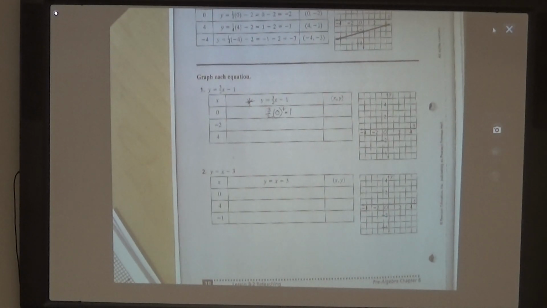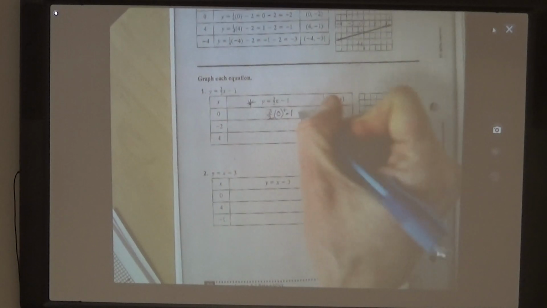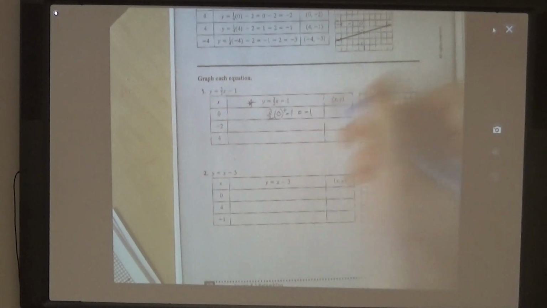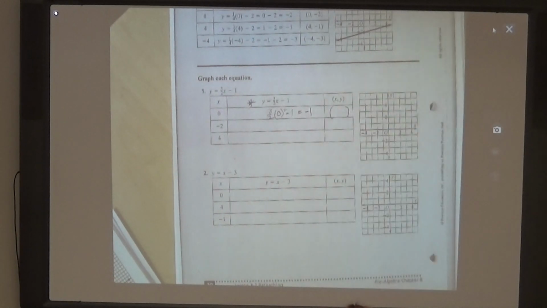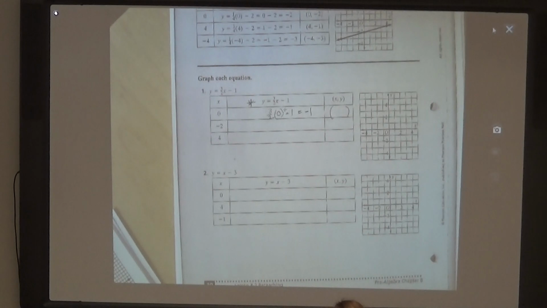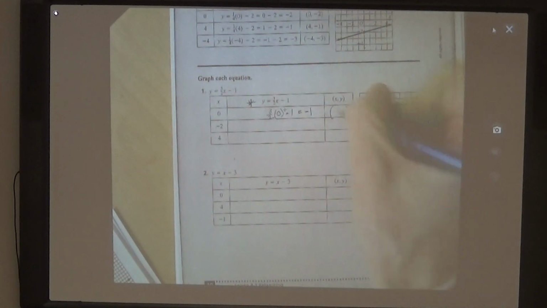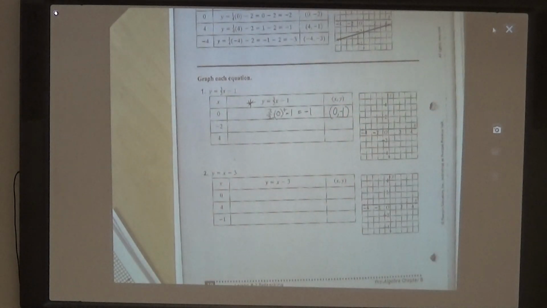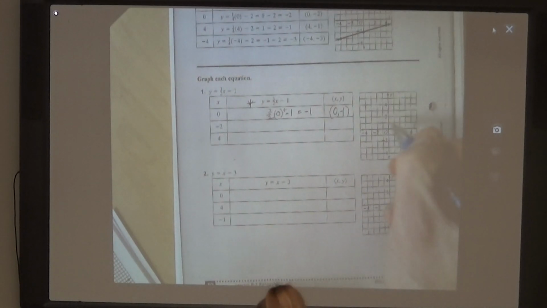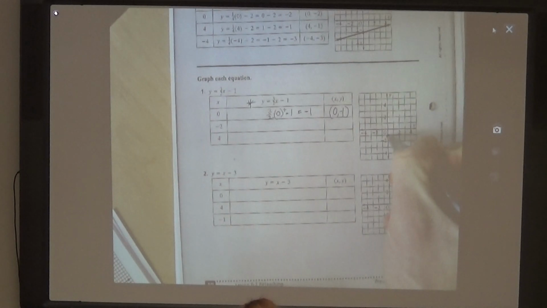Negative 1. So it gives us this ordered pair. What 2 numbers make the equation true then? 0 and negative 1. So that's where you write that. 0 and negative 1. And then plot that point on the graph.